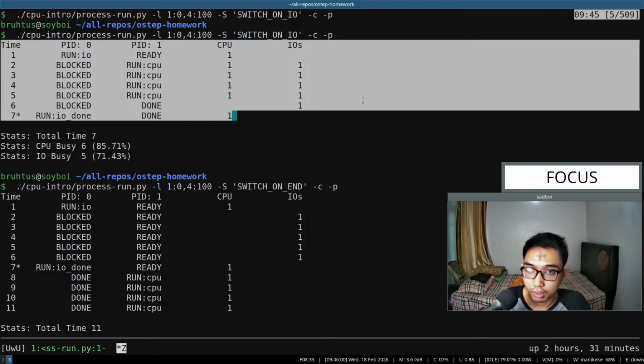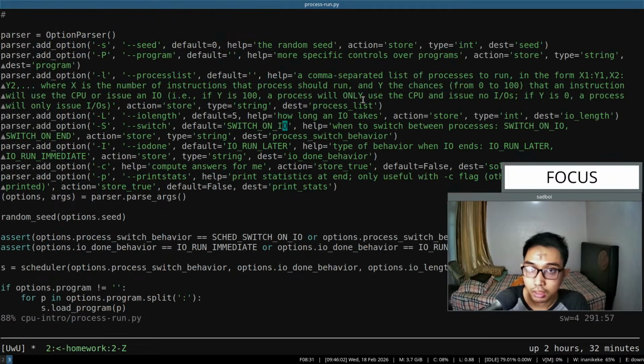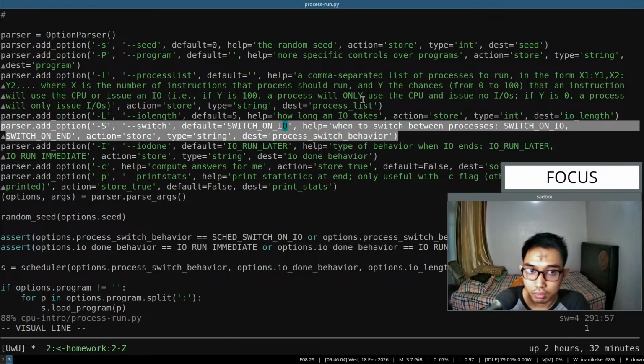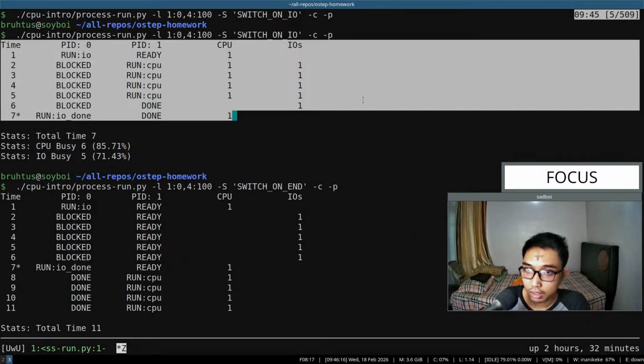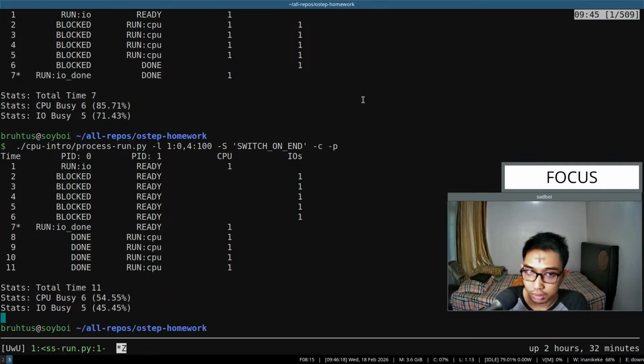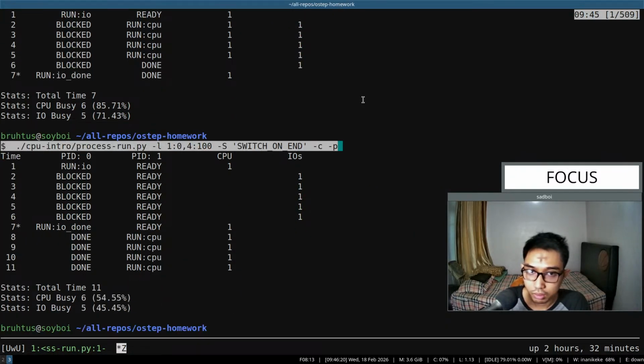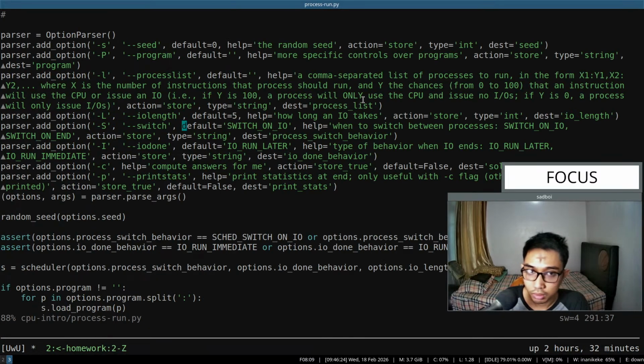It is the default process switch behavior, right? The switch on IO, and then this one, switch on end, is another option for the process switch behavior.